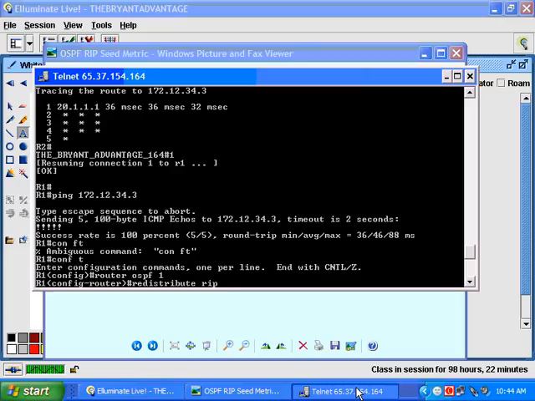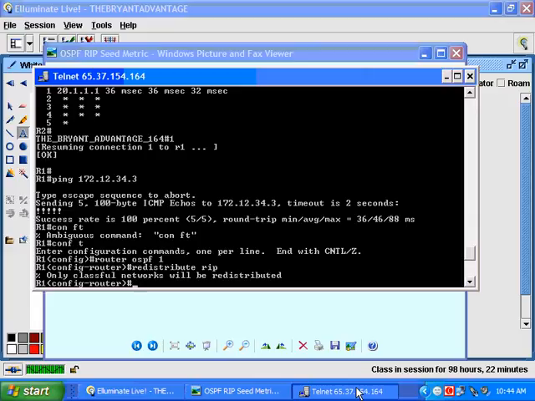Now, you recall a few minutes ago I mentioned that our link state protocols, OSPF and IS-IS, do not require a seed metric. So when I hit enter here for redistribute RIP, I should be fine. Let's see what happens. I get a little message that says only classful networks will be redistributed.